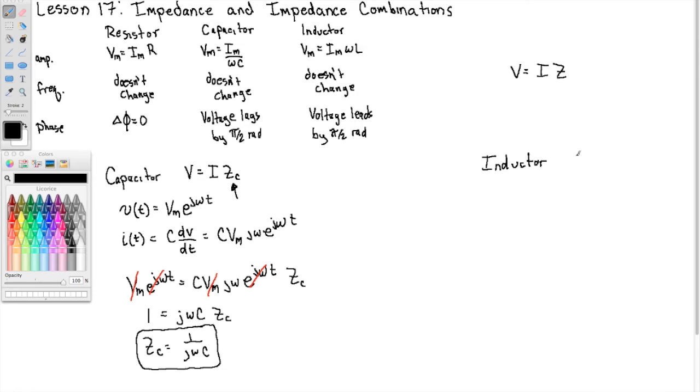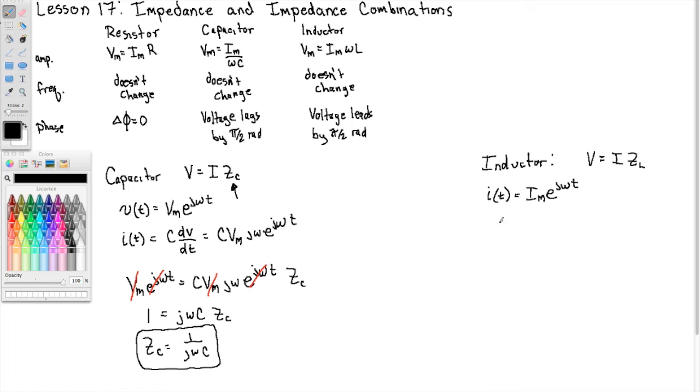And again, can I write V as I times some number? We'll call that number ZL. Can I do that? And turns out I can. Let's consider we have a sinusoidal current through our inductor, like that.